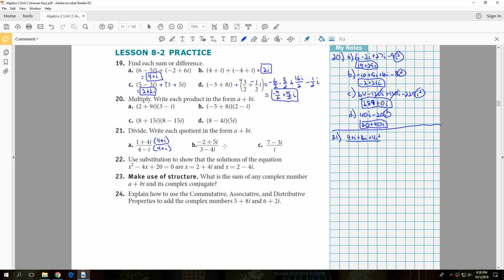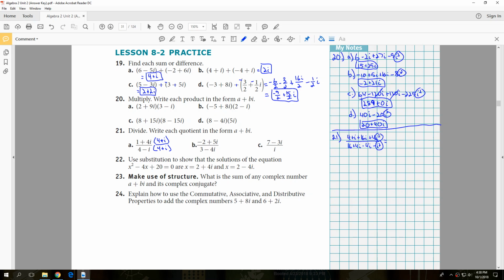I'm not going to rewrite all of these, but I'll do the whole thing for this first one. So I have 16 minus 4i, I'm sorry, plus 4i, and then minus 4i, and then minus i squared. So this whole thing becomes, because here's an i squared and here's an i squared, so that will turn into a minus 4.